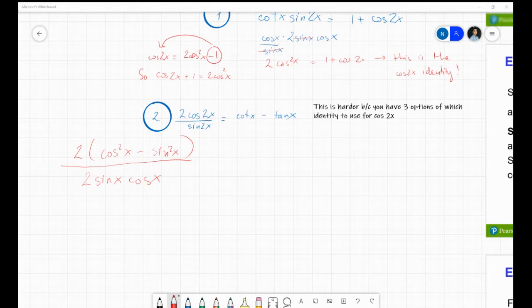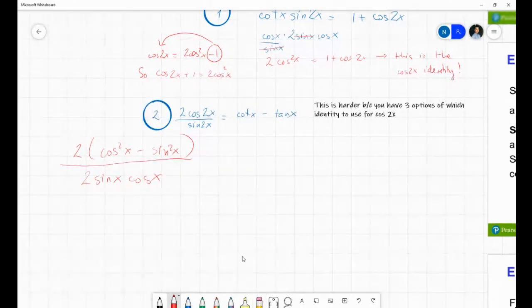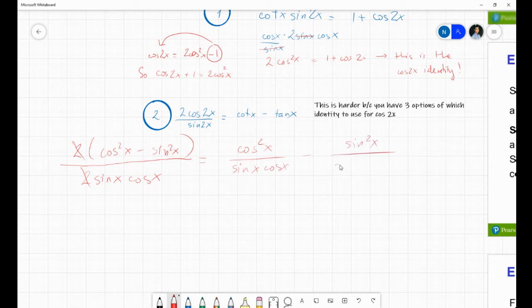All right, so we're going to cancel it, and then we're going to expand this into 2 different fractions. So cosine squared x over sine x cosine x minus sine squared x over sine x cosine x.